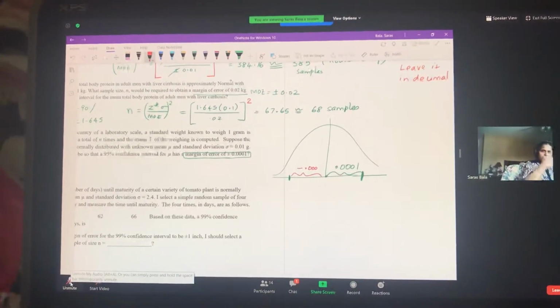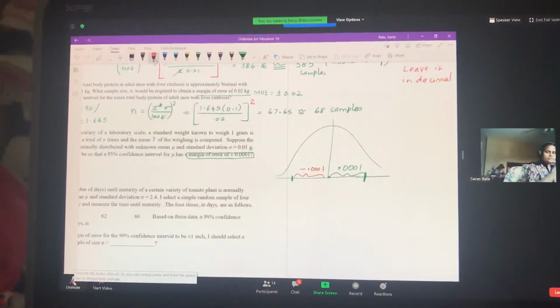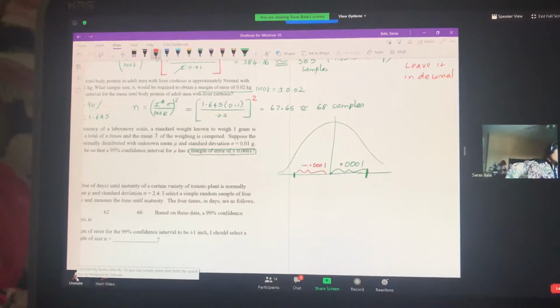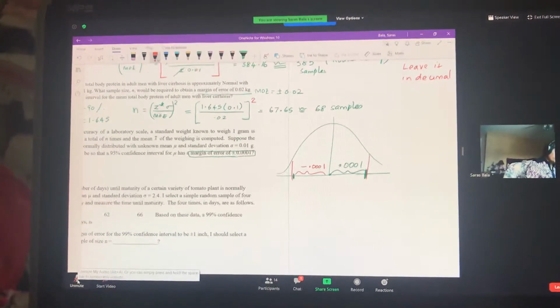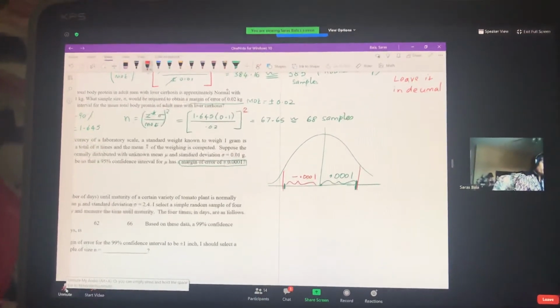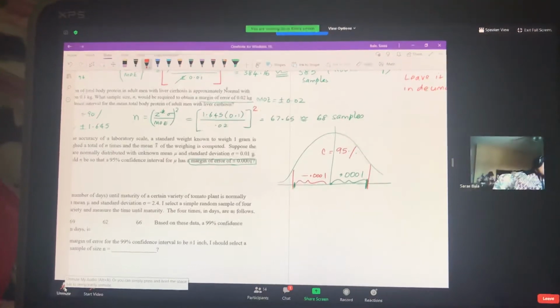So you are seeing the variations in the margin of error, and you are also going to see the changes in your sample size. So with your C level, which is going to be 95 percent, you are going to see how big the sample should be.